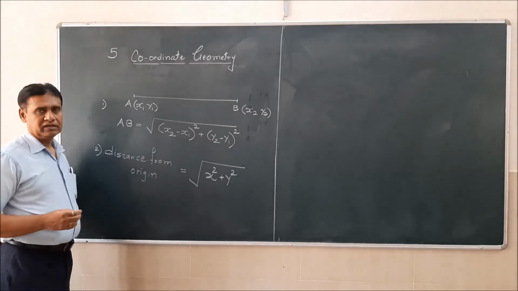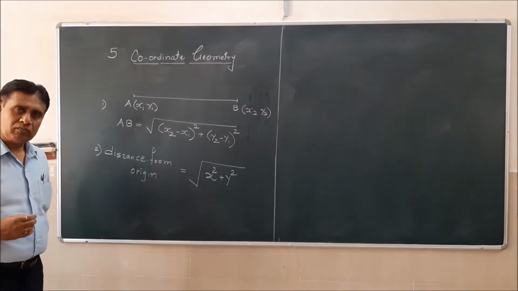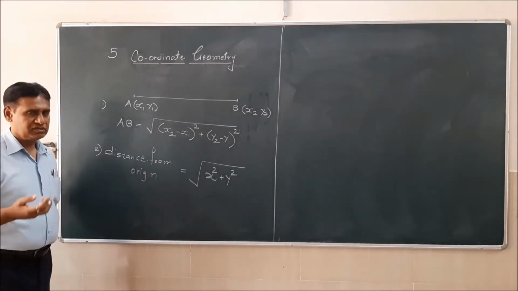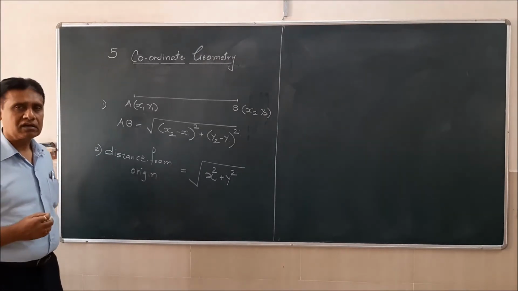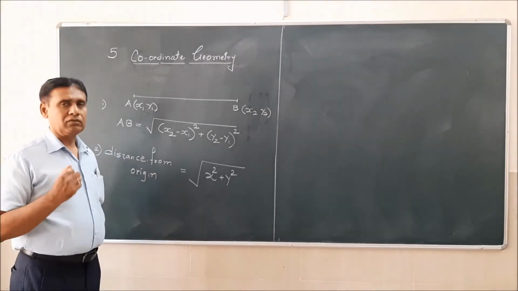This is the formula to get the distance from the origin, because you all know the coordinates of the origin are 0, 0.